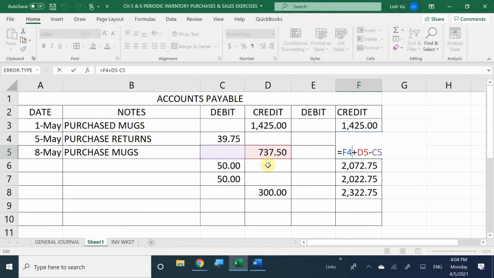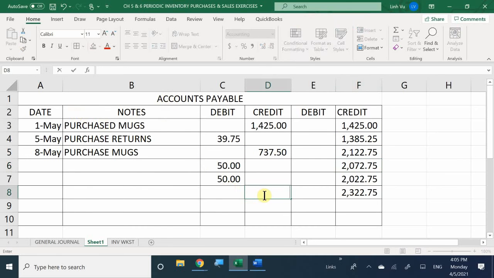Instead of recalculating each one individually, it doesn't matter what I enter in my debit or my credit. It's going to calculate for me automatically, because if I have nothing in my credit, it's going to add 0. Oh, so you're just basically setting up the rule. Yes, I'm setting up the running balance.